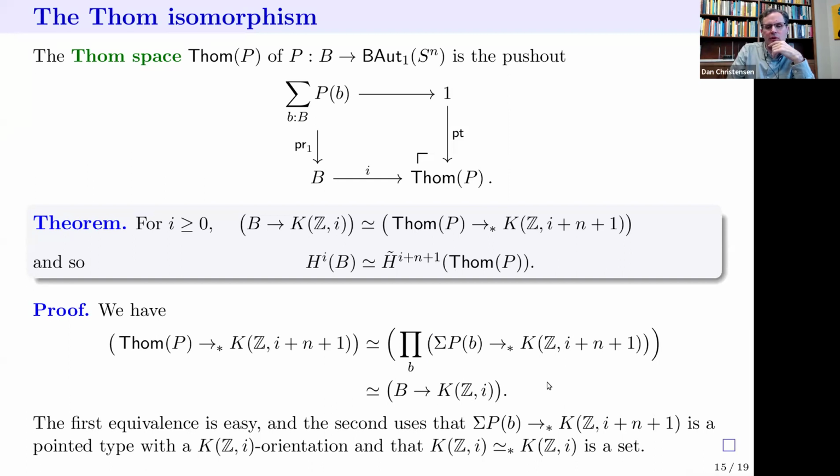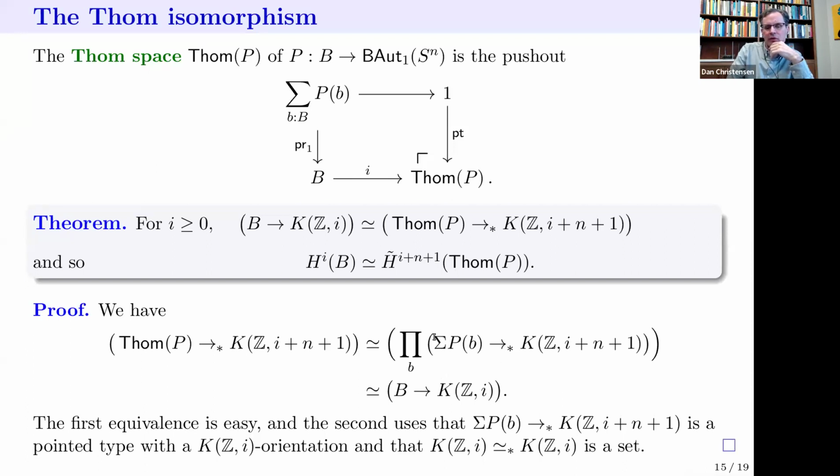And here's where we use orientations. So P of B is an oriented n sphere. So its suspension is an oriented n+1 sphere. The type of pointed maps from an n+1 sphere into a type gives me the n+1st loop space. So that gives me a mere KZI for this mapping type.